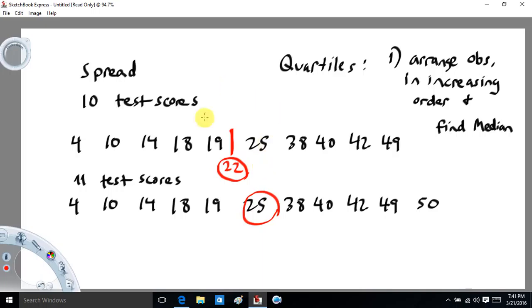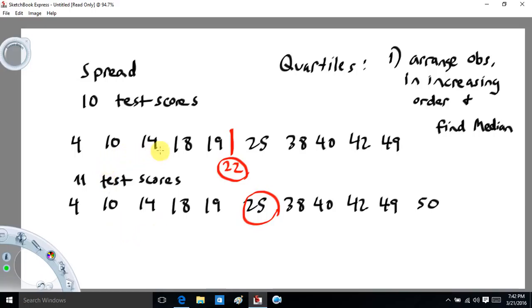So if you have an even number of observations, you have to find the median of these numbers right here to find the first quartile.